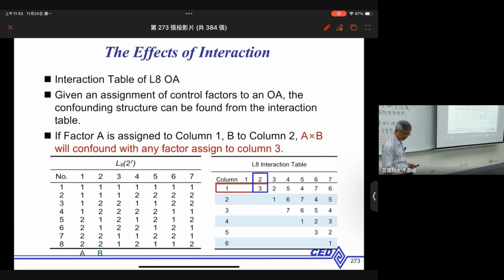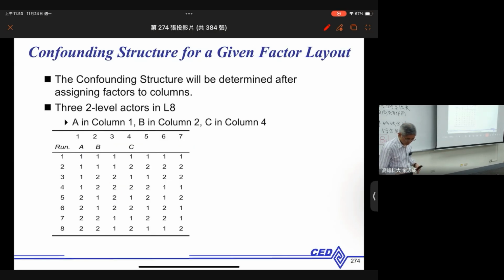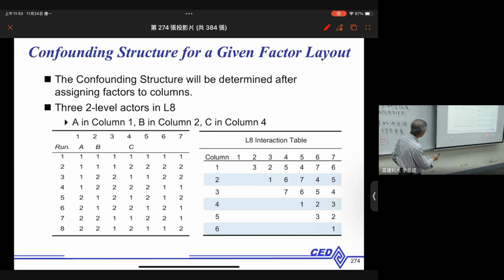Okay, just like here. Let me give you an exercise. If you arrange A in column 1, B in column 2, C in column 4, I want you to use this interaction table to find out where the interaction will be, or I should say, I want you to find out the confounding structure.